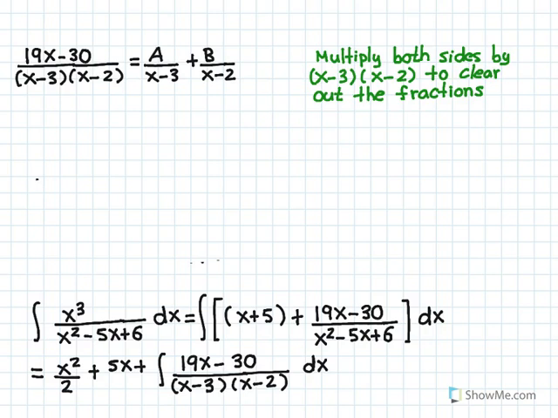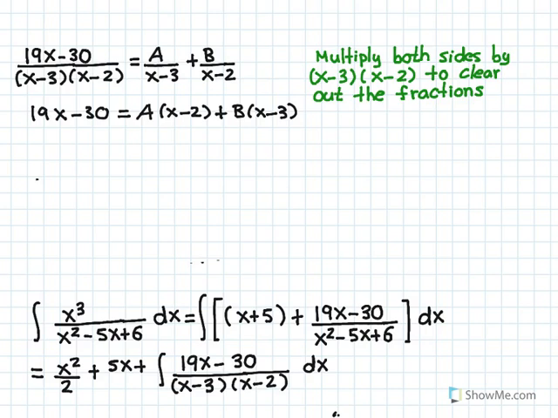All right, so we're going to multiply both sides by x minus 3 times x minus 2 to clear out the fractions. On the left-hand side, we get 19x minus 30. On the right-hand side, we get a times x minus 2 plus b times x minus 3.